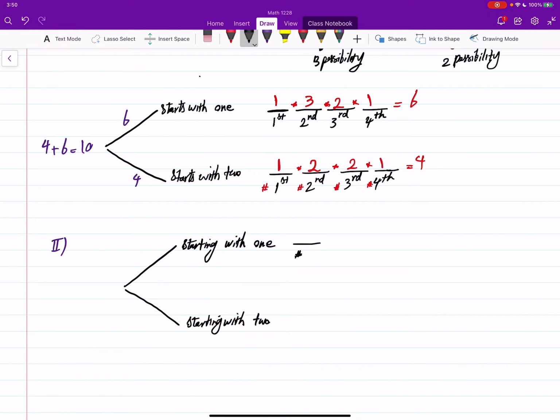Number of possibilities for the first digit, the number of possibilities for the second digit, third, and fourth, yes. Since there is no condition that we need to be worried about, for the first one I will use just 1. The number 1, there's only 1 possibility there.